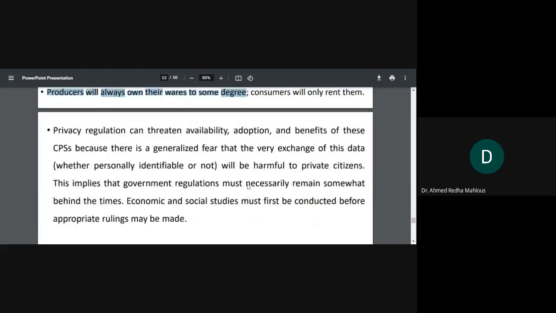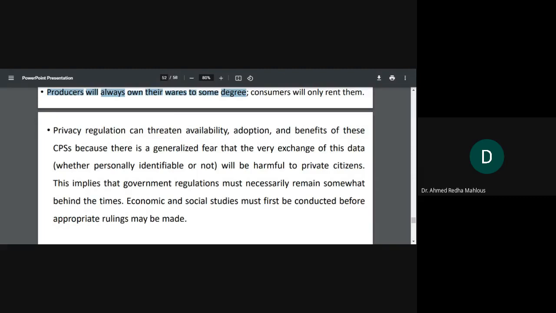We said that privacy regulation can also threaten availability if you set some types of regulation that prevent people from accessing data. That means the data will not be available at all, or it will be available only to some types of people.